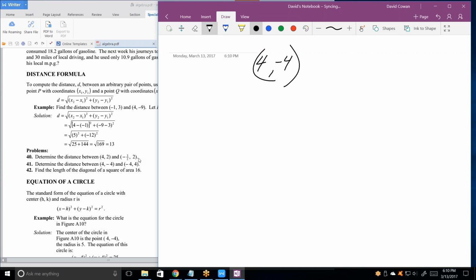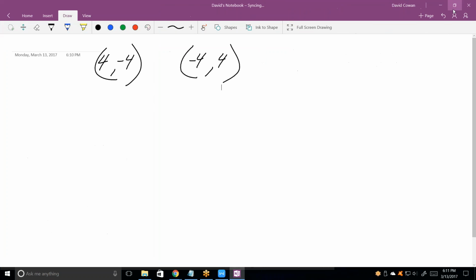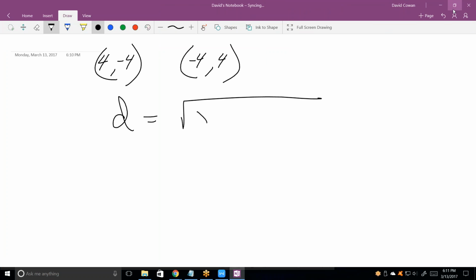Let's do 41. Notice that neither one is the same as the other. Give me the distance formula. It's x sub 2 minus x sub 1 squared plus y sub 2 minus y sub 1 squared. Plug in our numbers.